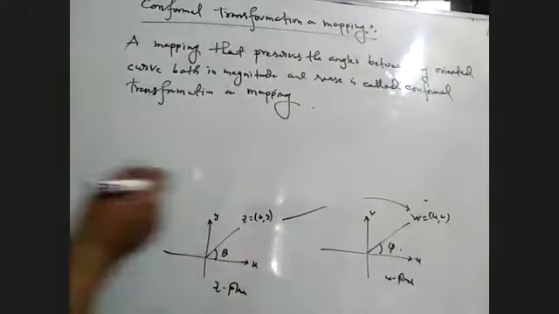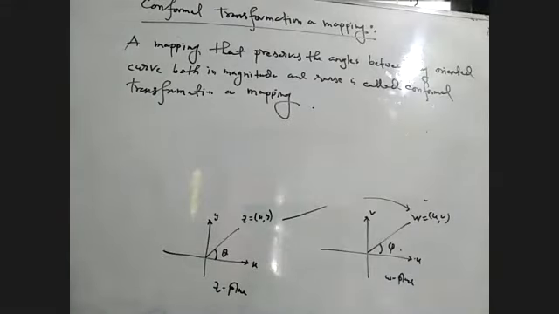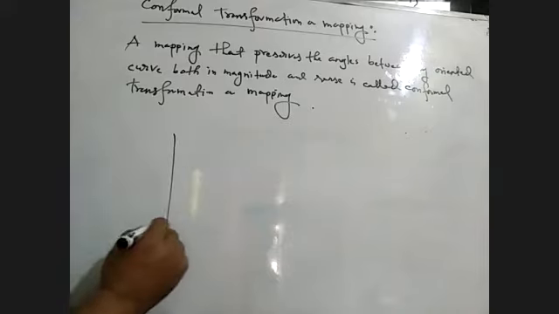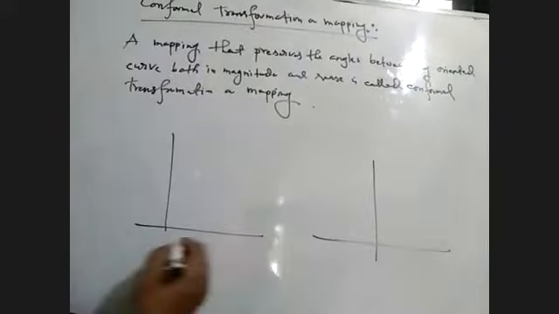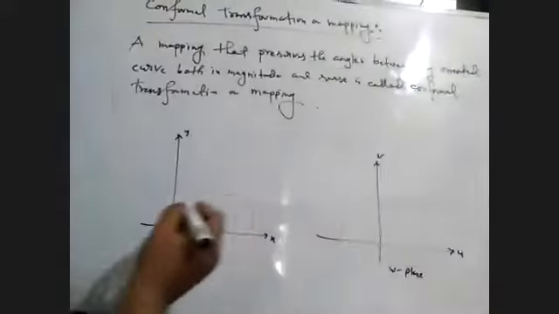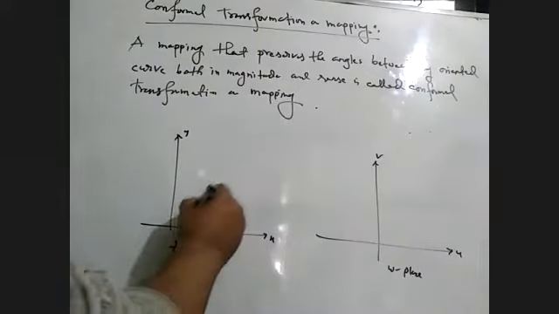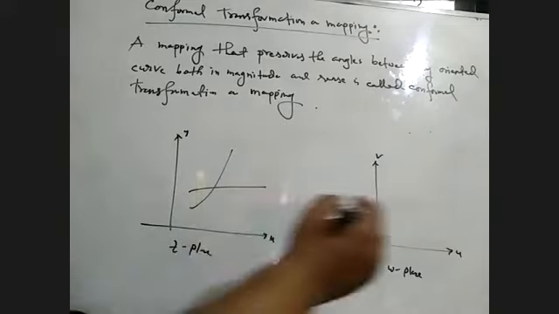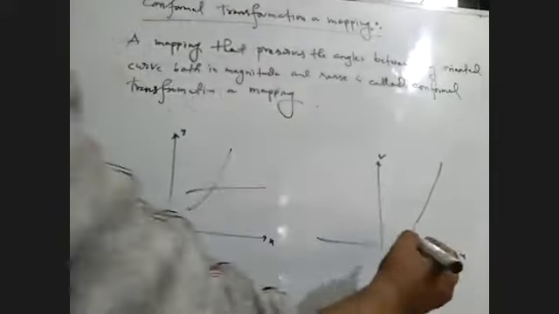That means if these two angles are equal, suppose I draw again. Suppose this is the Z plane or XY plane, and this is the W plane or UV plane, remember it. We have a curve like this and a curve like this. Similarly we get other curves here.